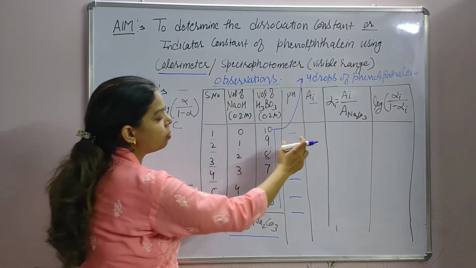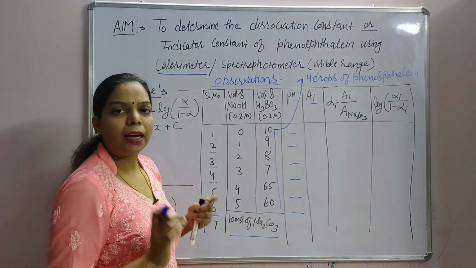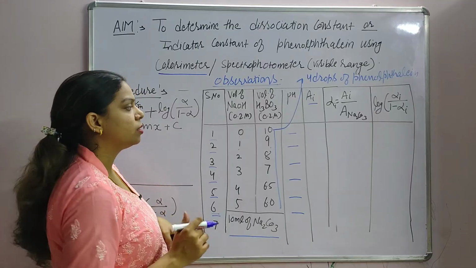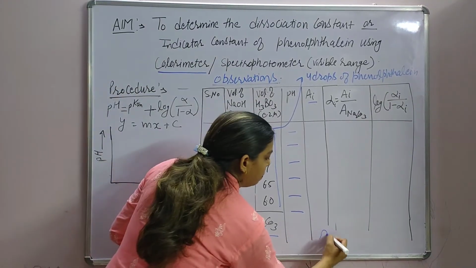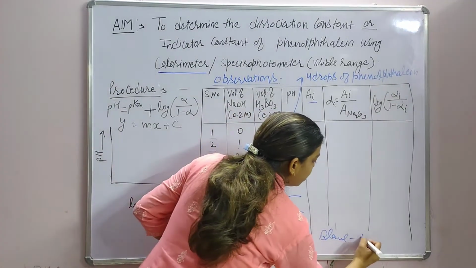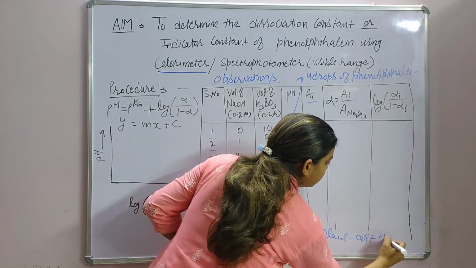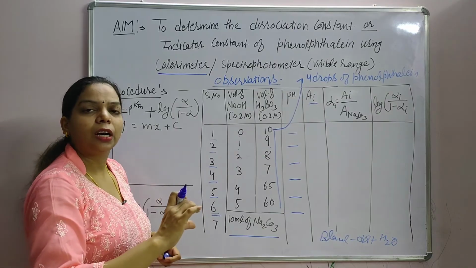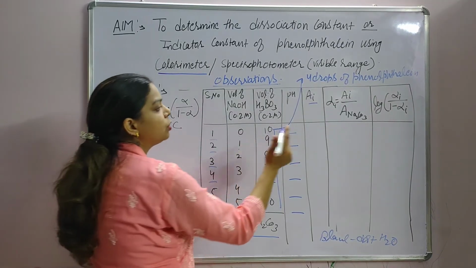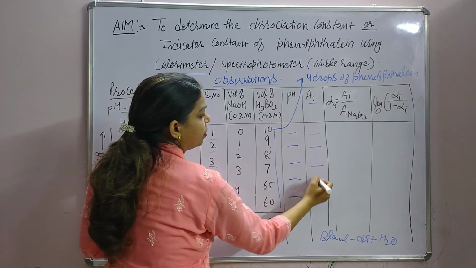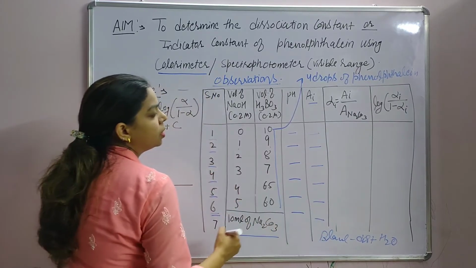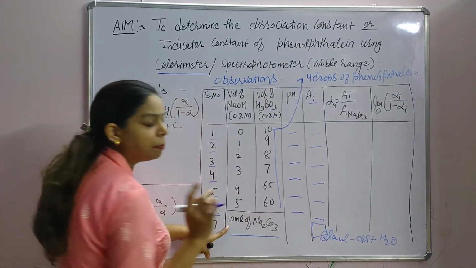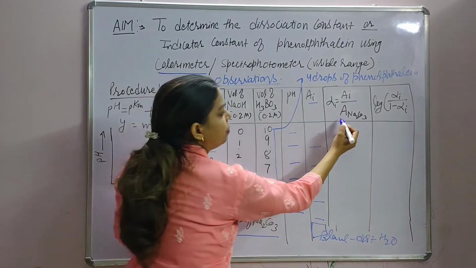So note down the absorbance. Again take the blank. Here in this case the blank solution is distilled water. Using distilled water, set the reading of the colorimeter equal to 0 and note down the absorbance in each case. Now the last value is the maximum absorbance which you have to make use of here.